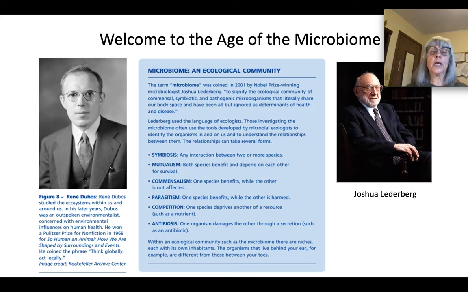So anyhow, what do we mean by symbiotic microorganisms? What you mean by that is basically an interaction between two or more species. There are three types of symbiosis here, and the first one they show here is mutualism. You've got two organisms, and both species benefit from that relationship.